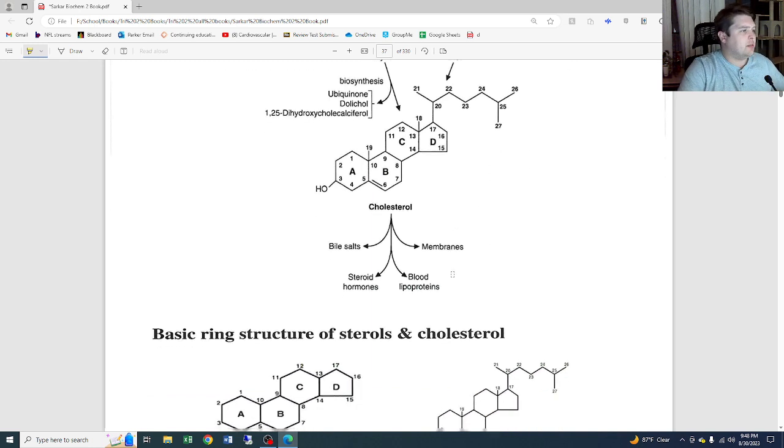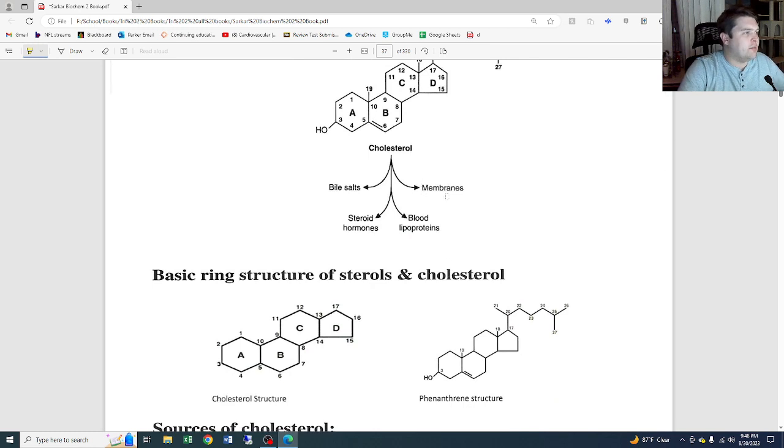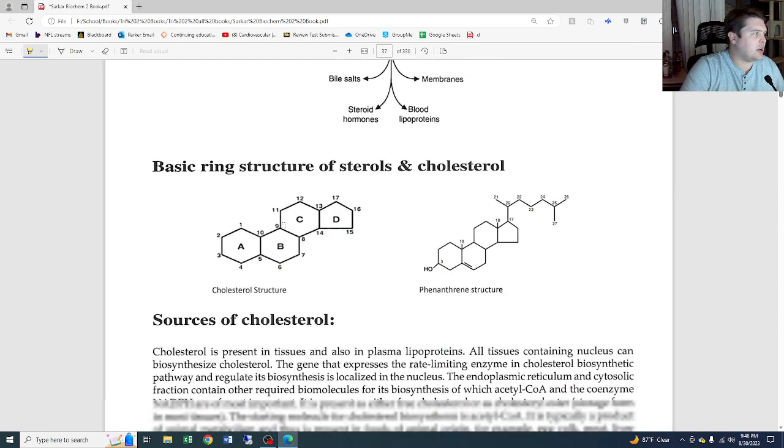Cholesterol will then be used in the body for different membranes, for blood lipoproteins, steroid hormones, I think like testosterone, estrogen, progesterone, those sort of steroid hormones, as well as thyroid hormones. What else? There's a couple of other hormones as well that are labeled under those steroid hormones, and also bile salts, which are necessary for digestion of fats.